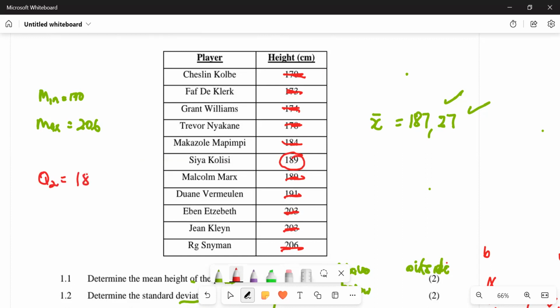Our Q2 is 189. After that, we get our Q1. We count everything except the Q2, because it's part of the data. This one goes with this one, this one goes with this one, and then we have one left in the middle. That is going to be our Q1. Our Q1 is 174.